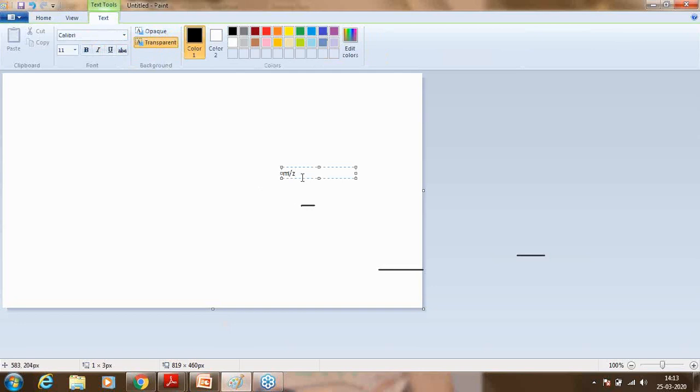We designate this ratio as m upon z, which means mass upon the charge present on the surface of the fragment.